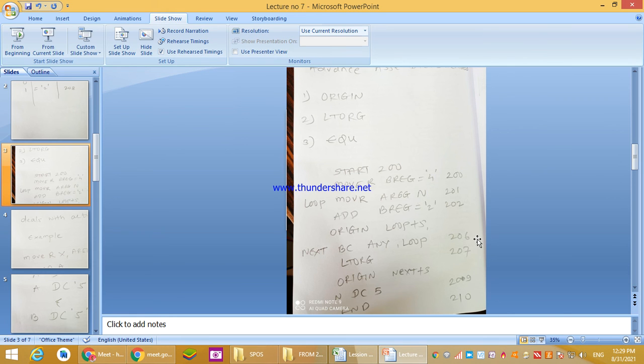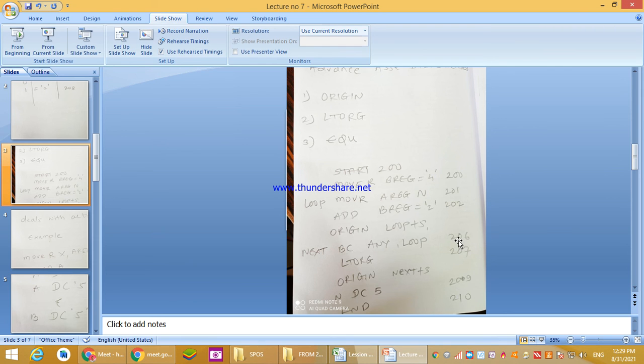Have you noticed that when the origin comes, immediately after it the expression is there, and because of that expression the next code is not assigned the memory location immediately next to 202, it is assigned 206?